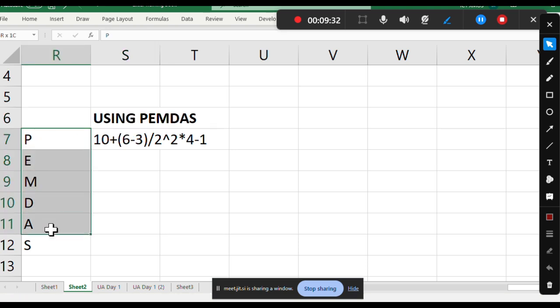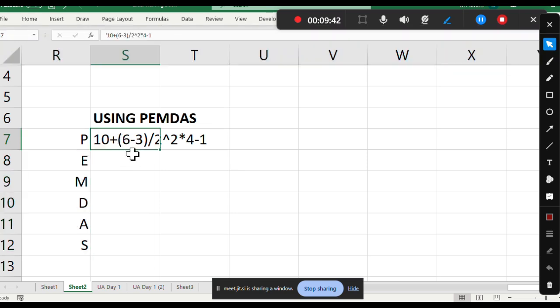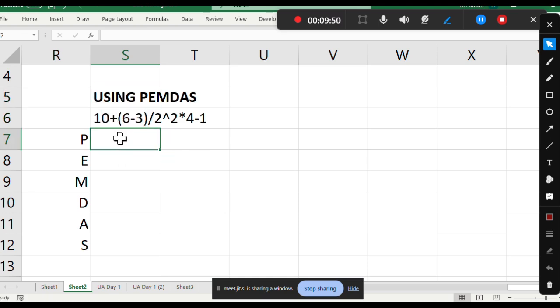So this is the PEMDAS we are talking about. This is the formula we have in our Excel. This is the formula we are going to enter into this box. So the first thing to do, we are going to take it section by section.